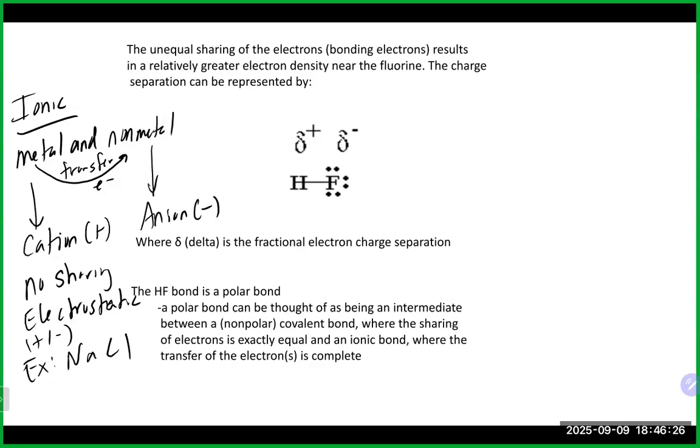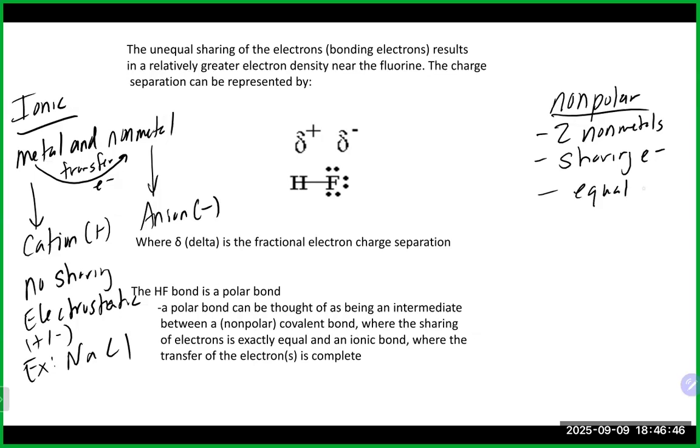On the other end of the extreme, we have a nonpolar bond, or a nonpolar covalent bond, and that's between two nonmetals, which automatically tells you definitely there is sharing of electrons. And that sharing is going to be equal sharing of electrons. An example of that could be H2, the F2 that we were looking at. Those are all examples of that.